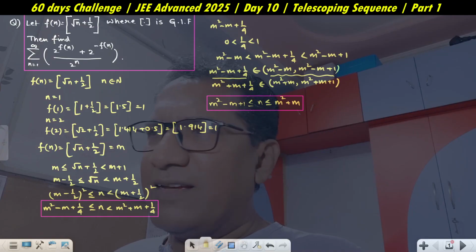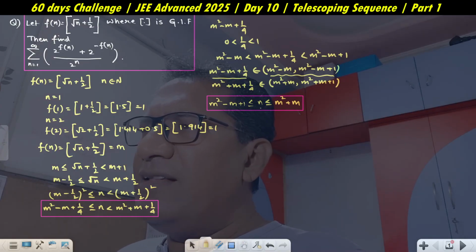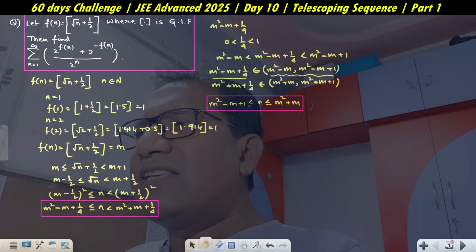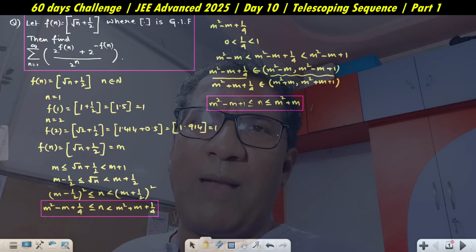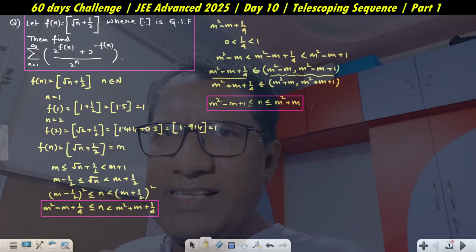Are you getting the point? And that is exactly what I have written, that whatever may be the value of m, n is always lying between m square minus m plus 1 and m square plus m. Is it clear to everyone? You can check it also.